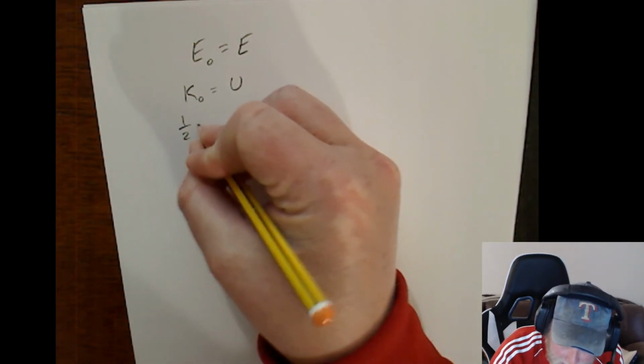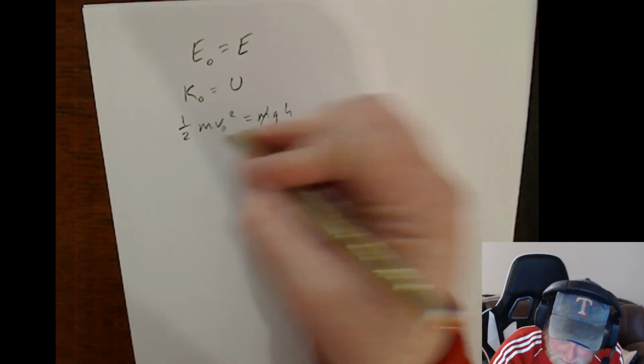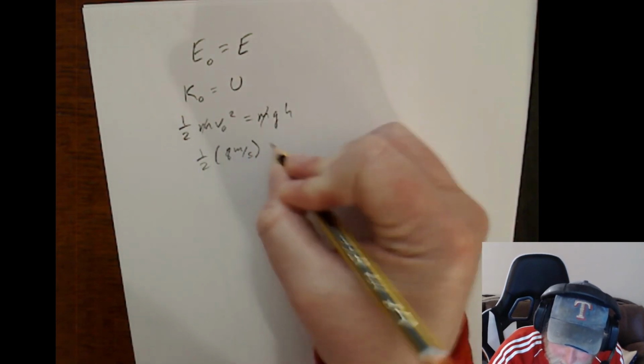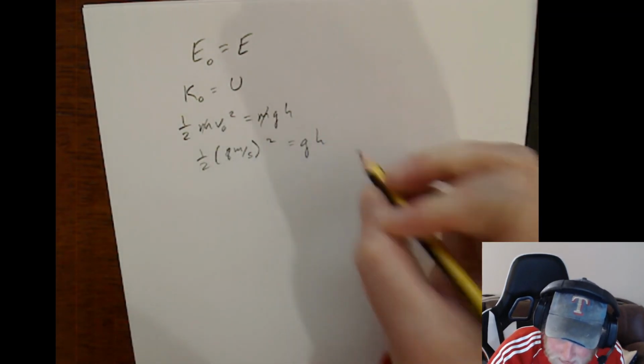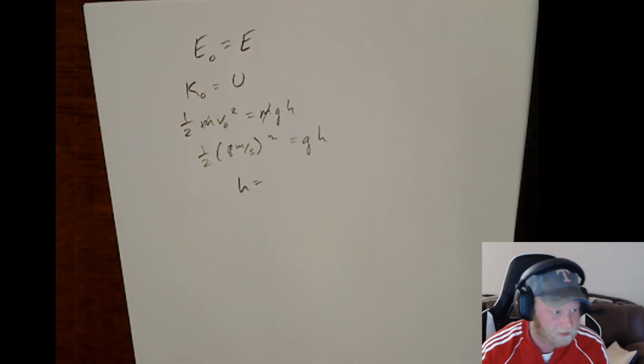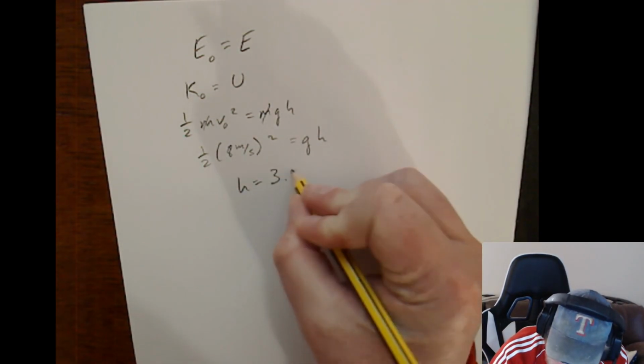So again, 1/2 m v naught squared is equal to m g h. Again, your masses cancel. So 1/2 of 8 meters per second squared equals g times the maximum height. So do your math, solve for height, and you should be getting 3.3 meters.